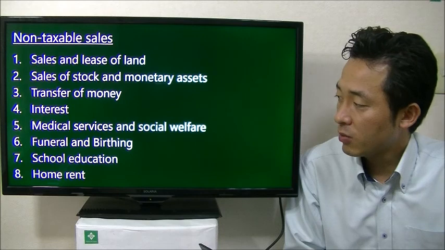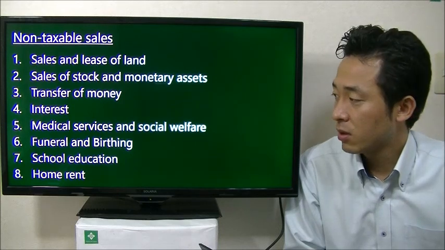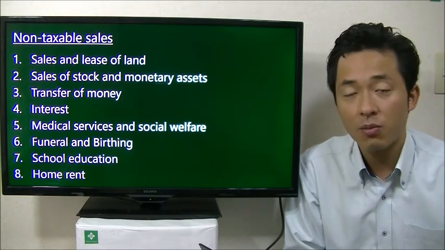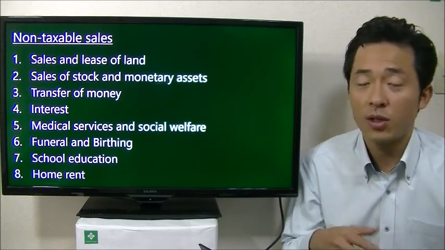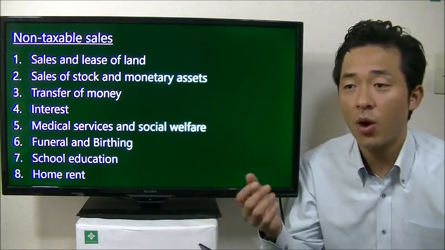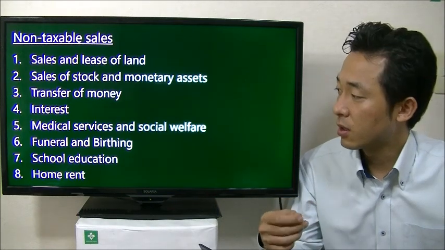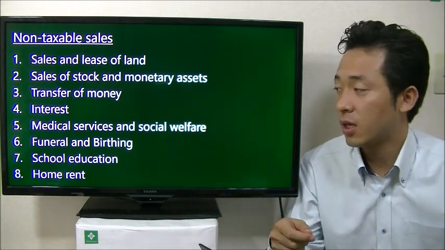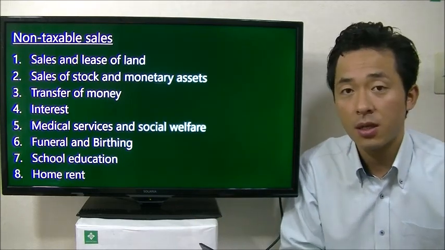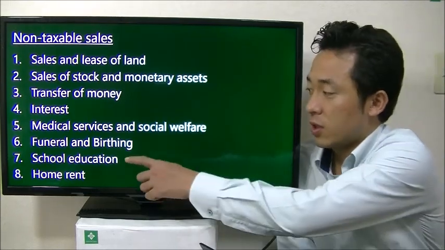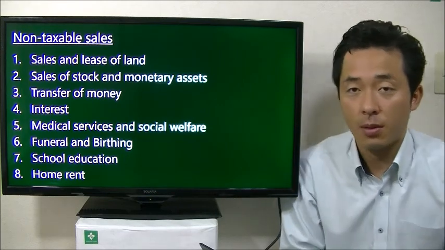It has to be education based on the School Education Law. So going to a language school to learn English or to learn a sport is not included here. That means those are taxable.